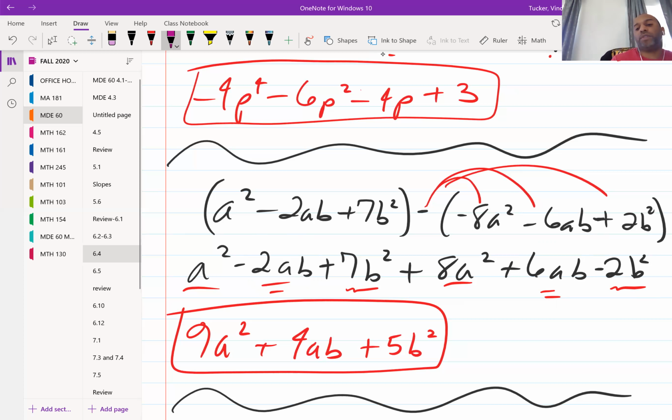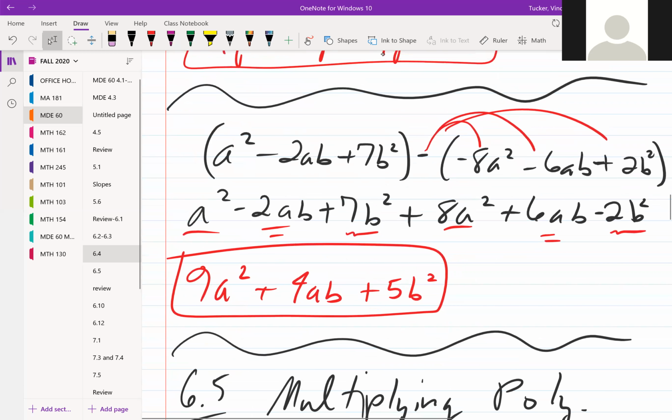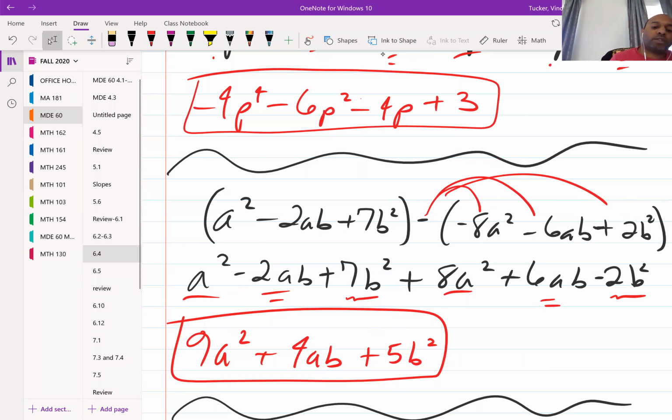This is 12.2 still. 12.2, okay. All right. Questions on adding and subtracting your polynomials?